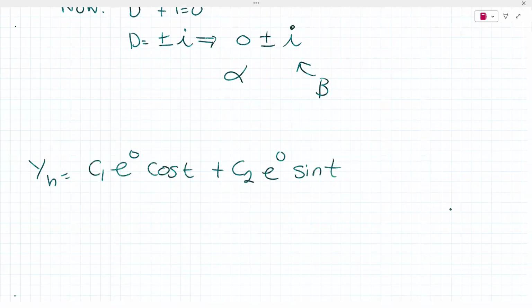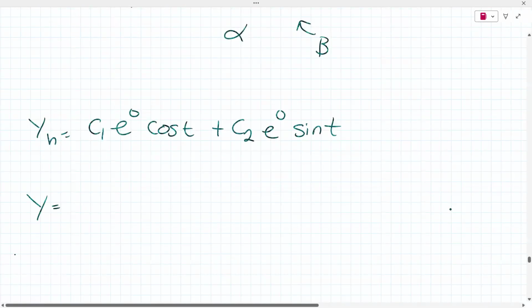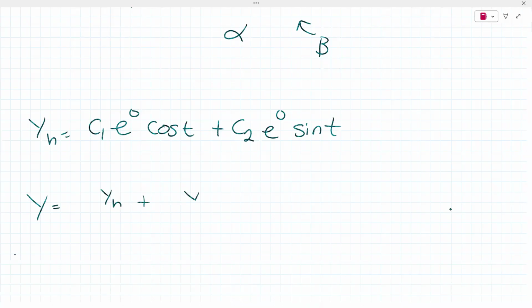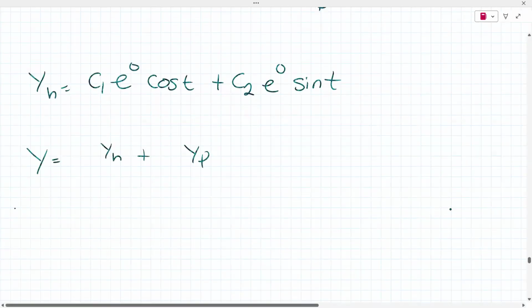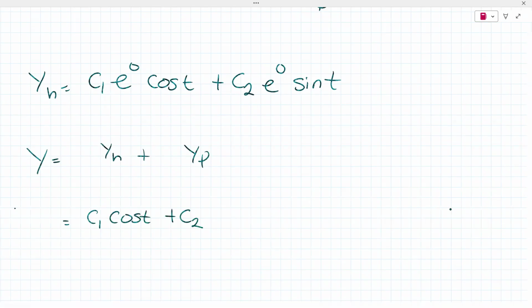So your final y equation is going to be your y_h plus your y_p, which is c1 cosine of t plus c2 sine of t plus your y_p.